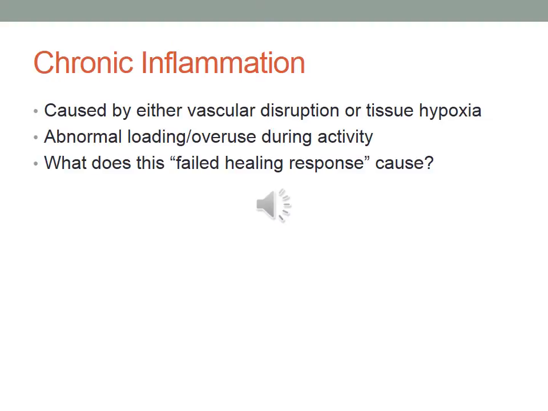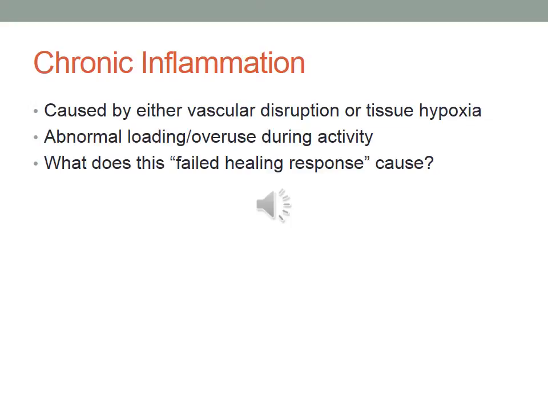So a lot of what we're going to be looking at here focuses on acute inflammation, but a word about chronic inflammation: we know that a lot of times with orthopedic musculoskeletal related injuries, we encounter a lot of chronic, more persistent pain type issues, and there's different physiology coinciding with that.